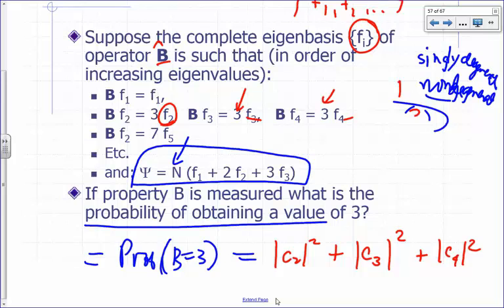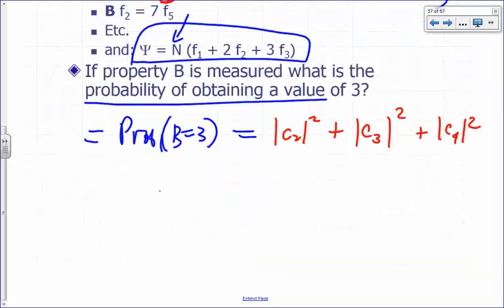So what would be the answer? What is c2 squared here? Okay, so c1 is equal to N, right? What is c2? 2N. What is c3? 3N. What is c4? 0.